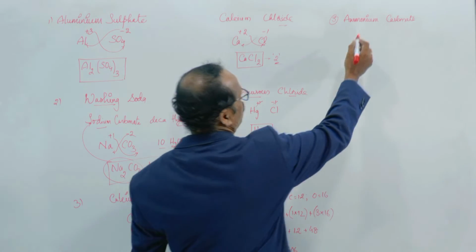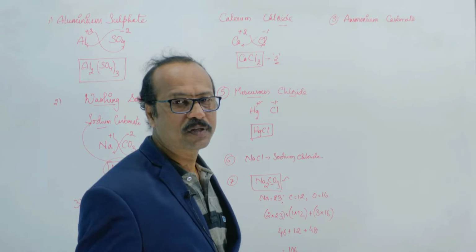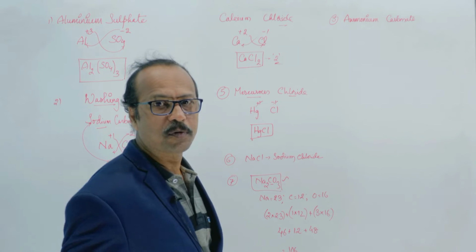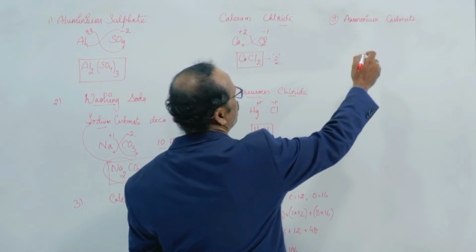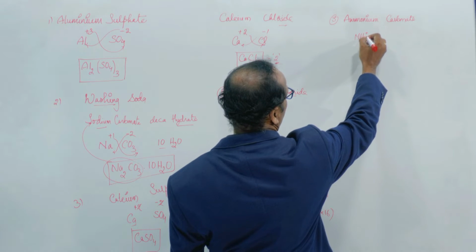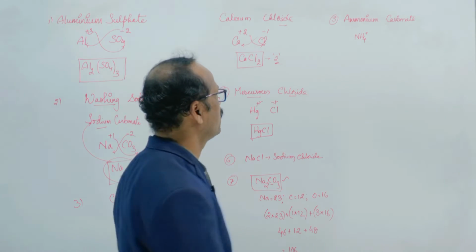First one is a cation, so you can see it in the electropositive list. If you don't know, turn the page. The electropositive ammonium is monovalent, that is NH4 plus. Plus means what? Plus 1.